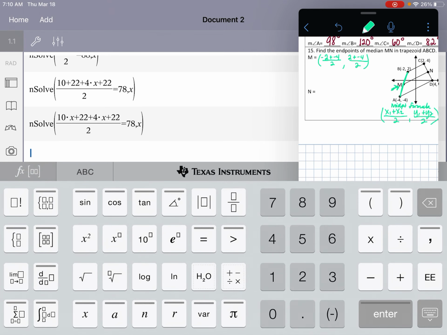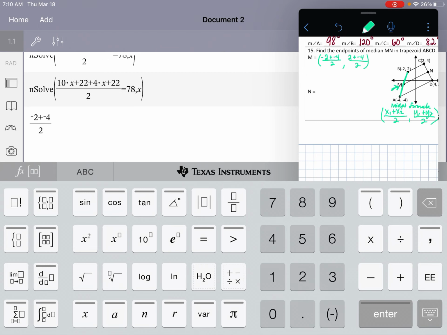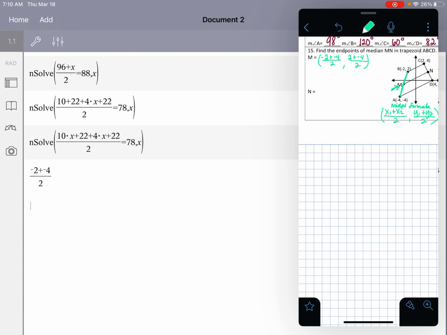Okay, so now we're not solving for x. Don't use nsolve. Do not use nsolve unless you're solving for x. All right, so we have -2 plus -4, then over 2. That's -3. Okay, so you see how I did that?